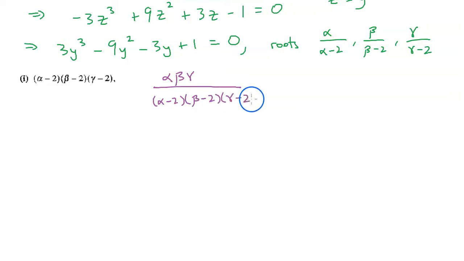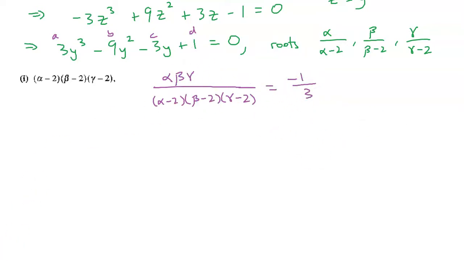Right, and since it's the product of the three roots of this polynomial, that means it needs to equal negative d divided by a. Remember, this is a, b, c, d. So it's going to be negative 1 divided by 3.